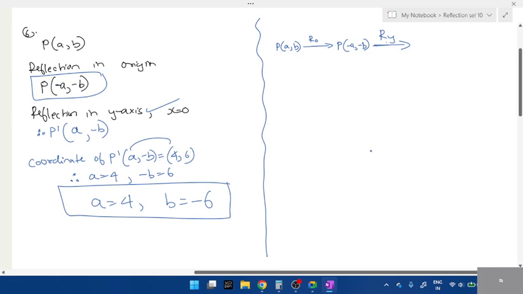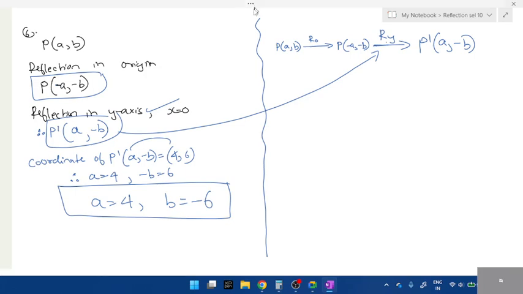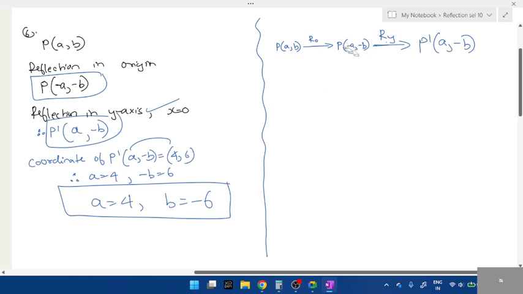Okay. And this step, look at this one. After reflection y-axis, what is the value changed? What's the answer you get? P dash. Is this clear? So this entire three step, they've written it like this.